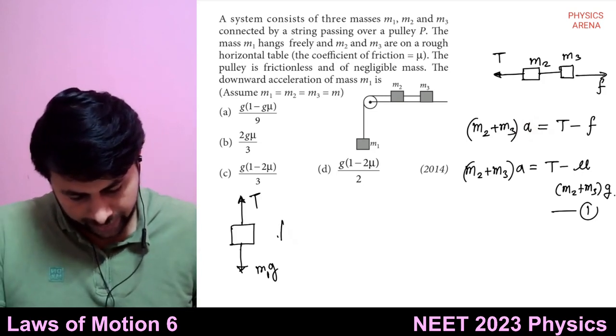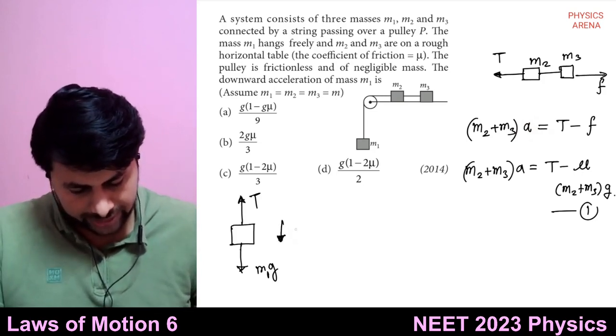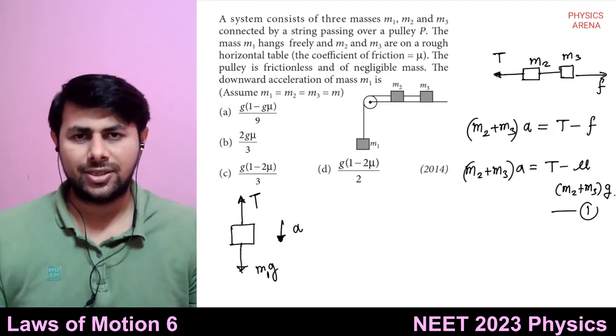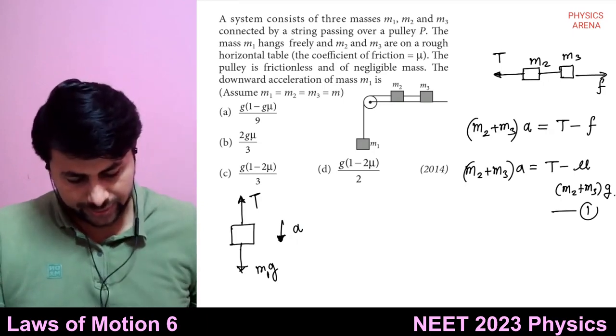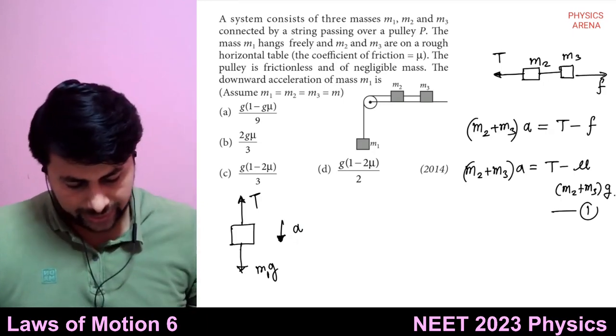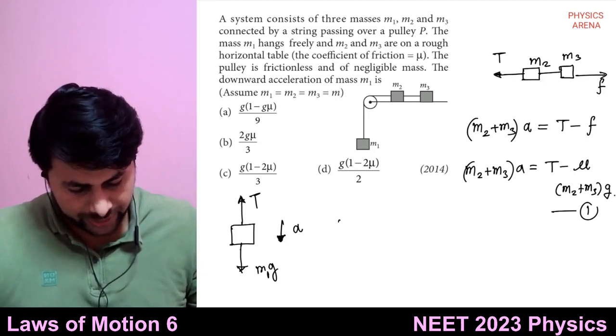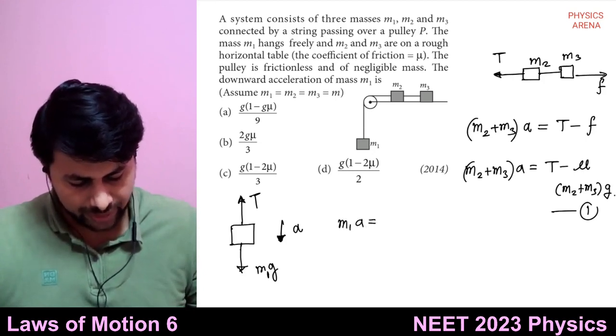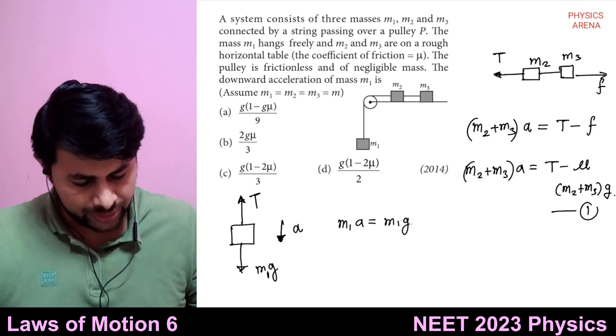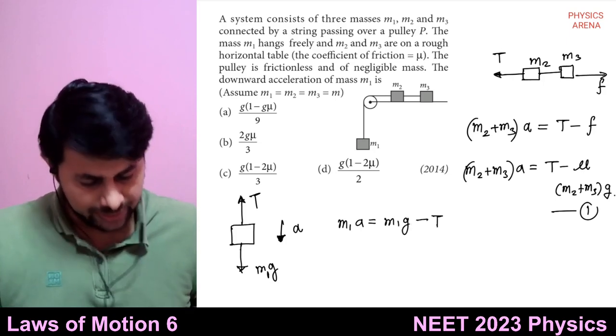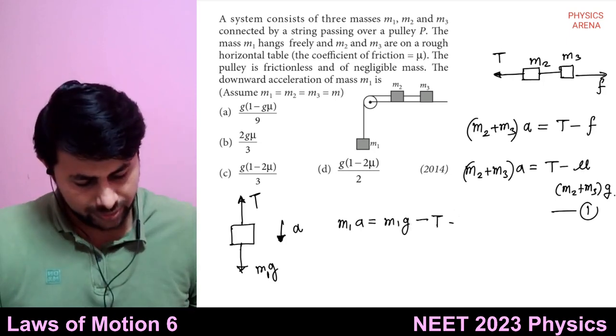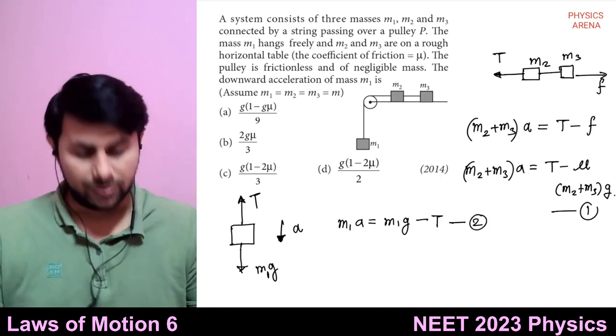Okay, because the whole system is connected. So acceleration is A, so the net force will be downwards, and how much would be that? So net force is m1 times A, it's equal to m1 into g minus tension in the string. So this is your equation number 2.